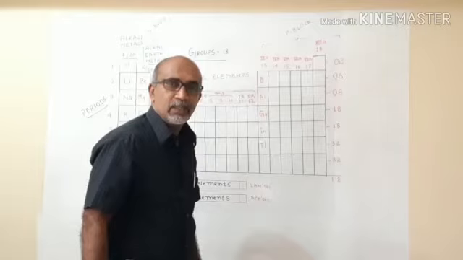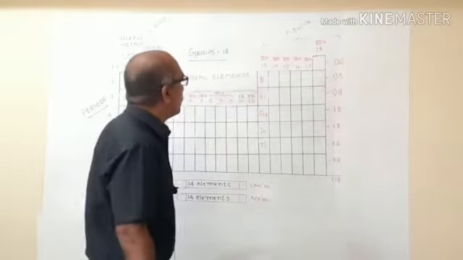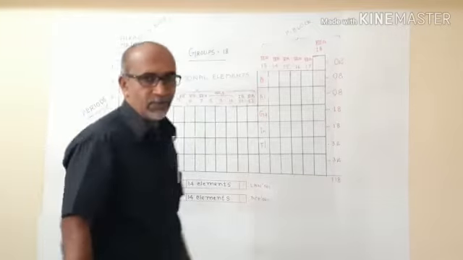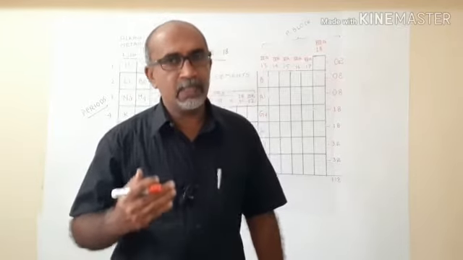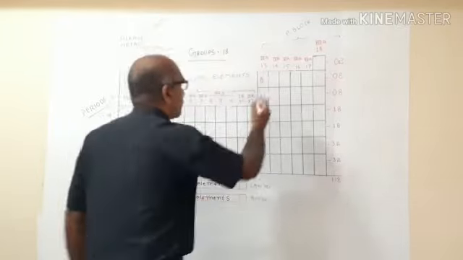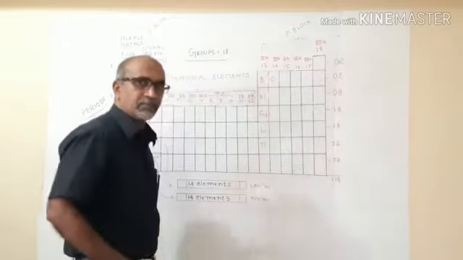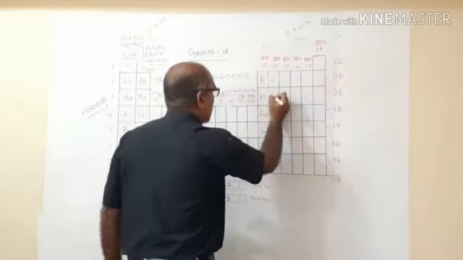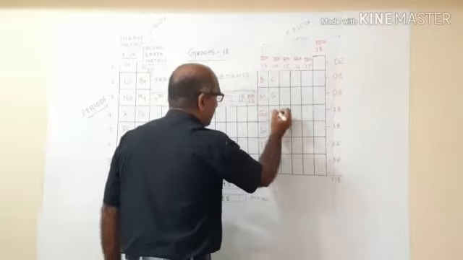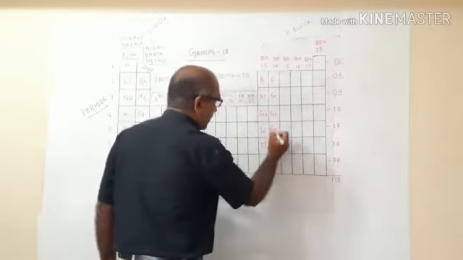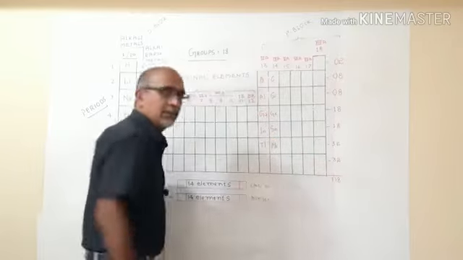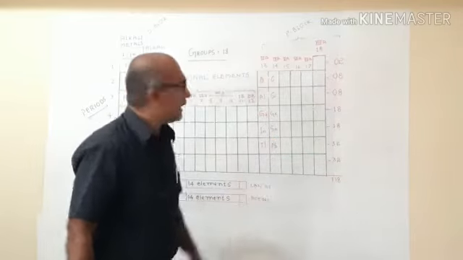Then we will consider the fourth A group. Here again I will use a very interesting feature. It starts with carbon, then silicon, then germanium, then tin, then plumbum, Pb. You know what the sentence is here?